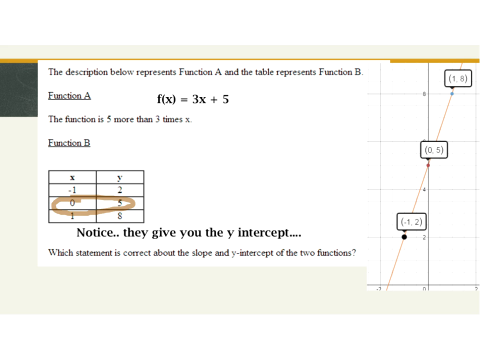So the statement that is correct about the two functions is that the lines are the same, or function A is equal to function B, that kind of thing. Sometimes you'll see that one line is above it, and then you'll just have to count and see what the change is. But I really recommend that when you have a question like this, you write the equation carefully, graph it, plug in the points, and compare the two lines.